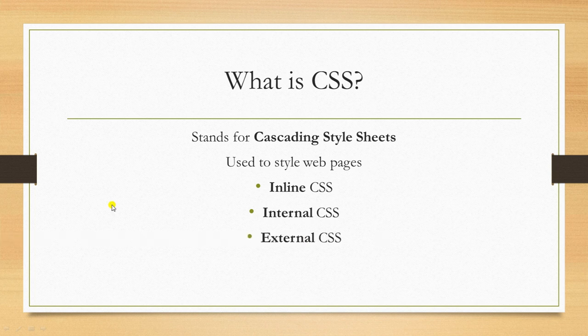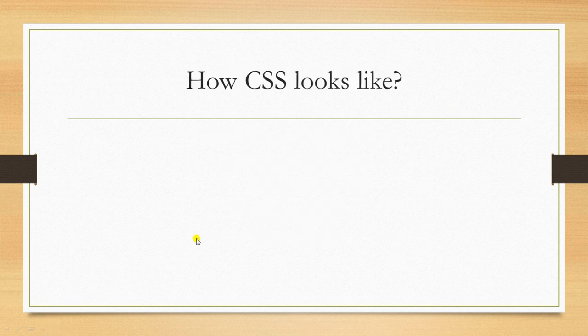And then finally we have the external CSS, which we use in an external file. To do the styles, we use an external CSS file and we need to connect it with some tag. I will be showing you all of them in the next videos, but there are three types of styles in CSS.